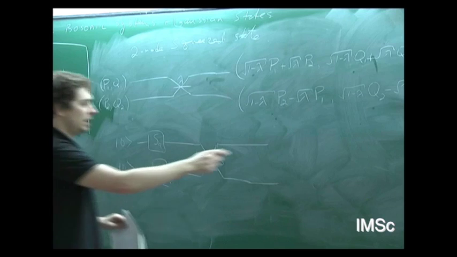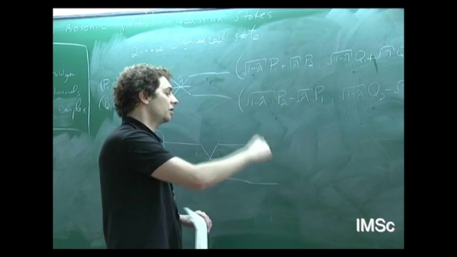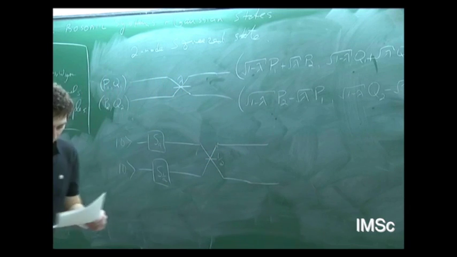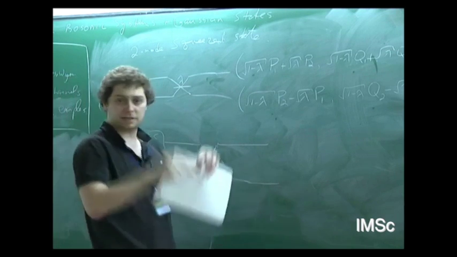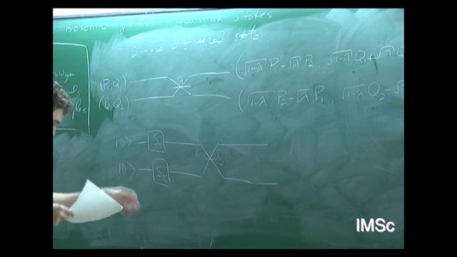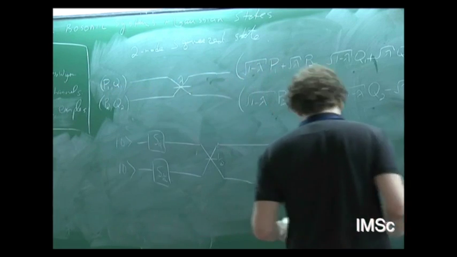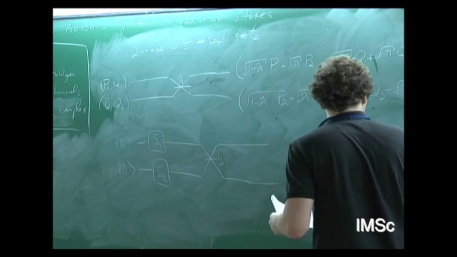So you expect to have in this mode some circular state, sort of a big thermal state actually. In this mode, there's some big thermal state, but in the two modes, you have some pure entangled state. So the covariance matrix that you end up getting is this.